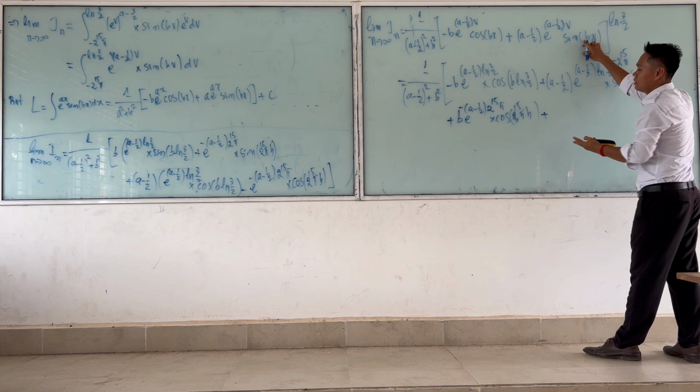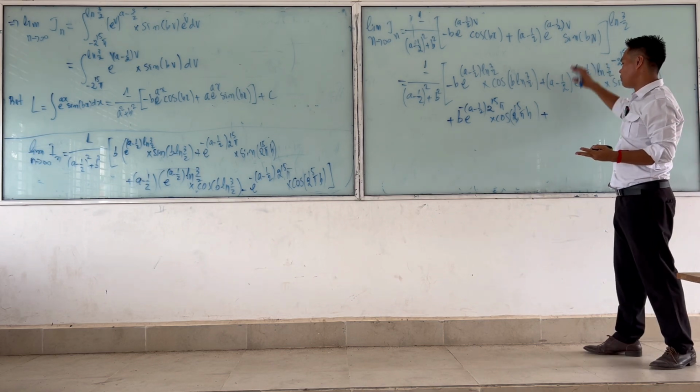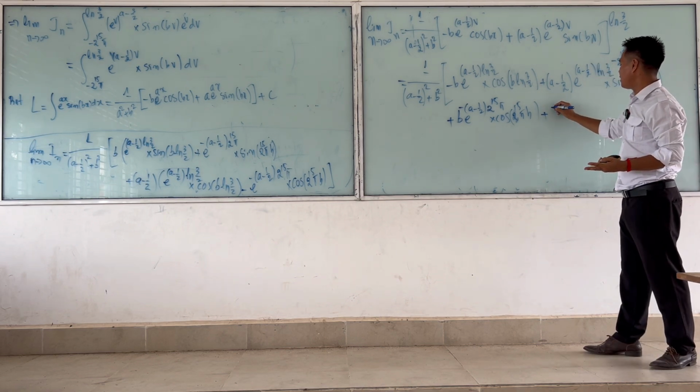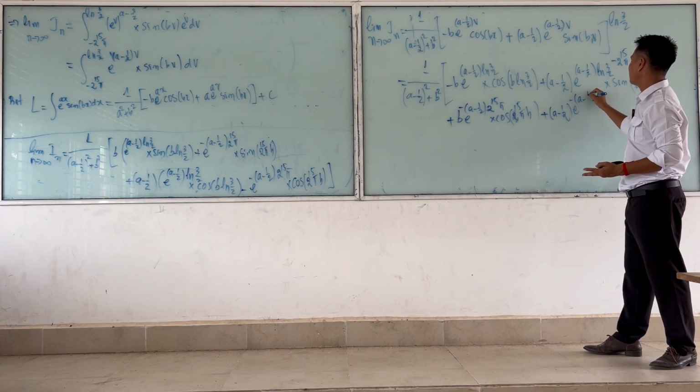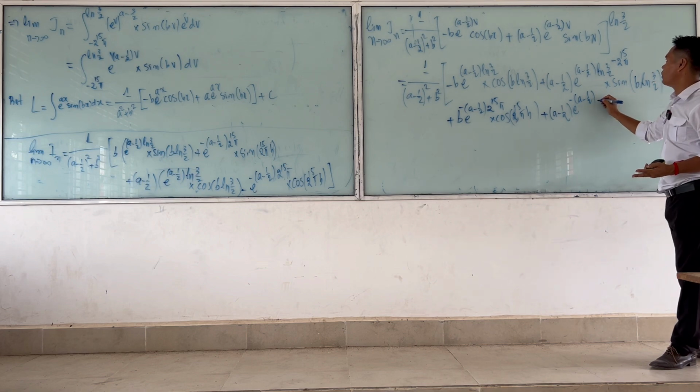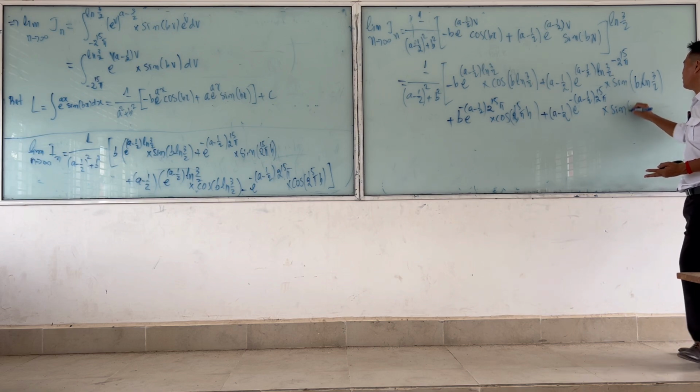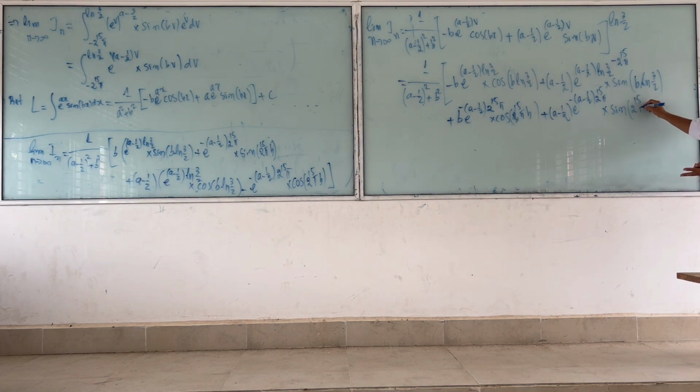So negative plus, multiplied by negative, you get plus. So you get (a minus 1 over 2) e to the power negative (a minus 1 over 2) 2 to the power 15 pi multiplied by sine of 2 to the power 15 pi b, like this.